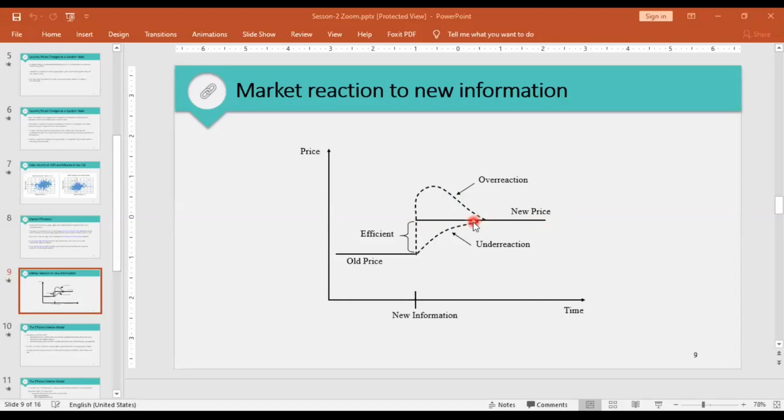That means the time period between this point and this point is actually how quickly this price is adjusted in the market. If the price is adjusting instantaneously when the new information hits the market like this, then it will be considered as an efficient market.